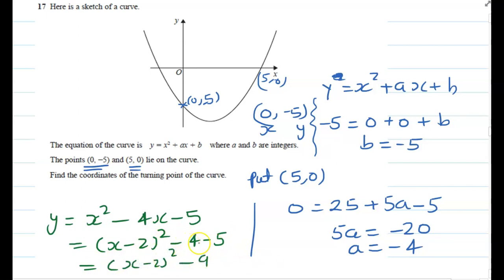So I have applied the completing the square method, and this will be your answer. Now they are finally asking to find the coordinates of the turning point of the curve. We change the sign of this and the other remains the same, so it will be (2, -9).